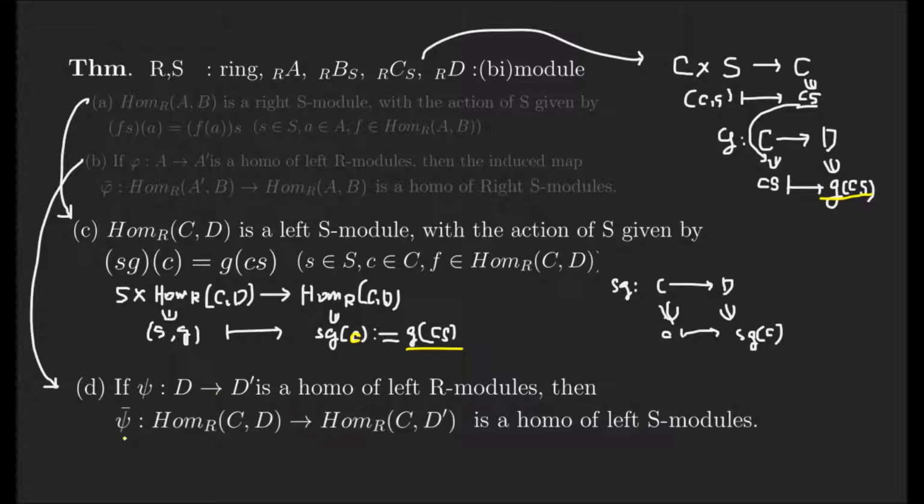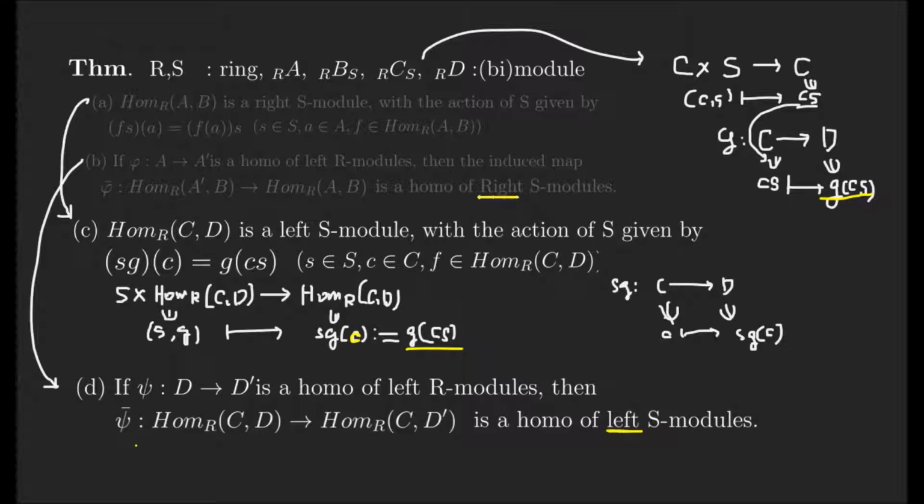And similarly, we can check if psi is a homomorphism of left R-S modules. In this case, the additive property is clear by the definition of the Hom set, and this is a left S module.